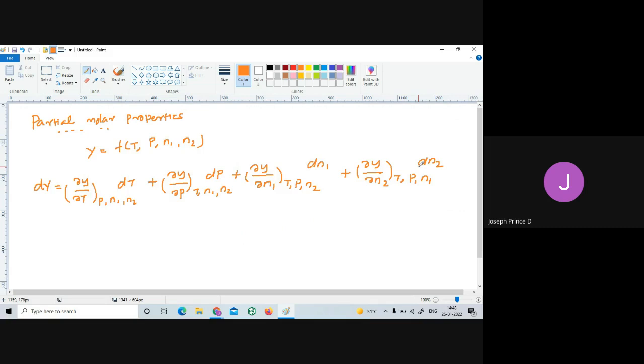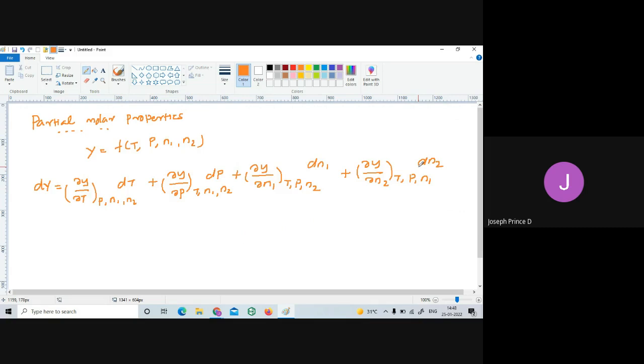If there is a change in the temperature, pressure, and the number of moles, that will be reflected in the change of thermodynamic function y, and it is given by dy is equal to dou y by dou T at constant pressure, n1, n2, plus dou y by dou P at constant temperature, n1, n2, dP, etc. Right?